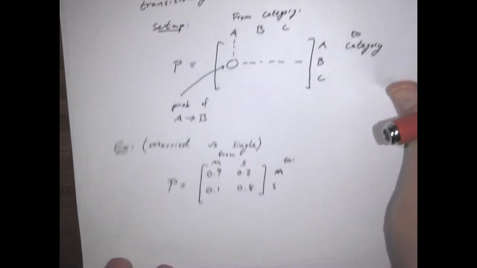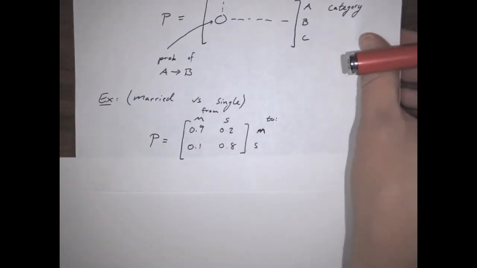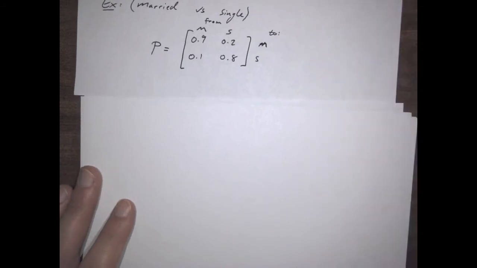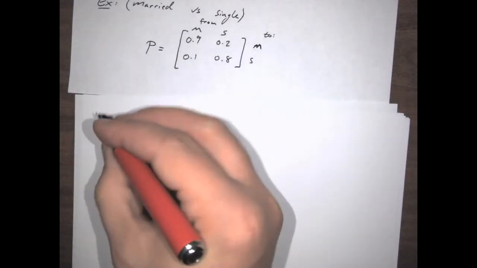Alright, now the purpose of expressing these things via matrices is that you can accomplish the passage of time through the multiplication by this matrix.